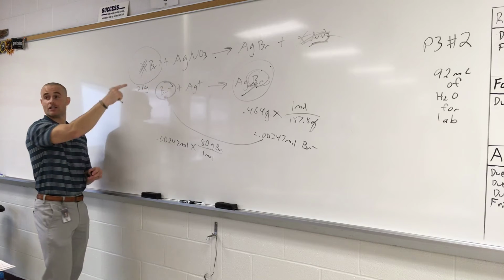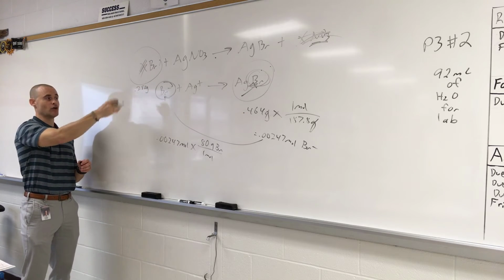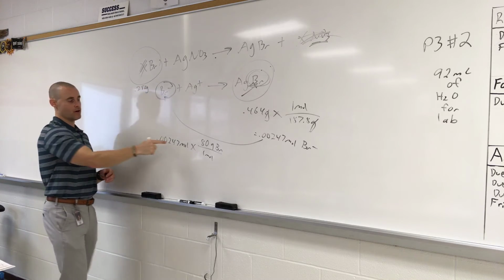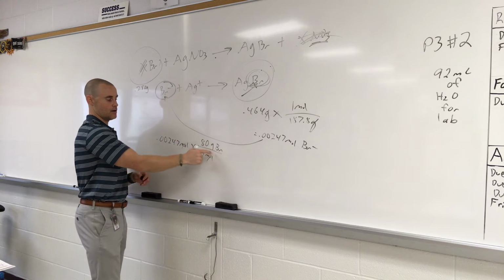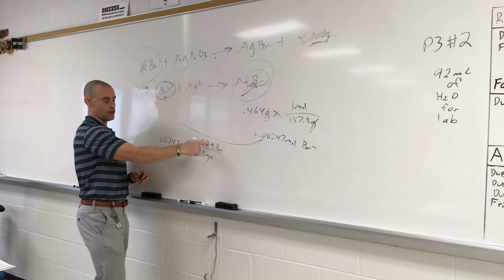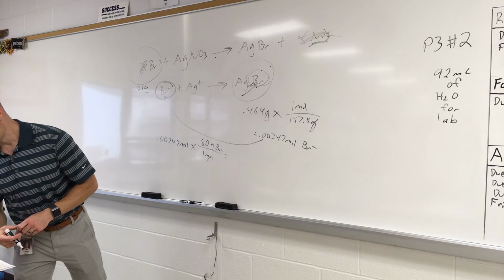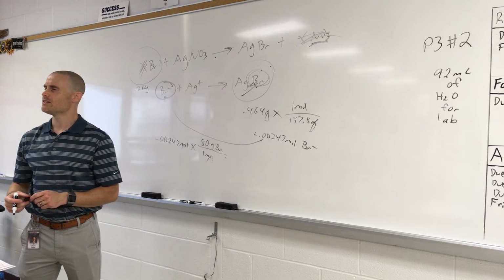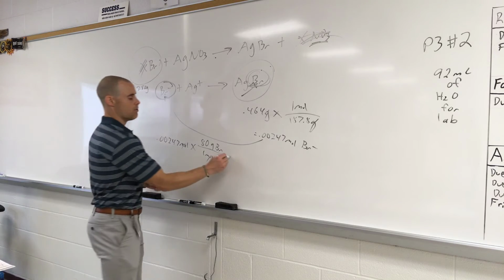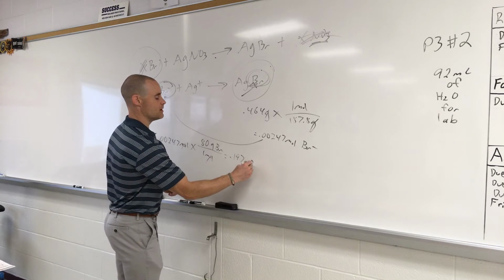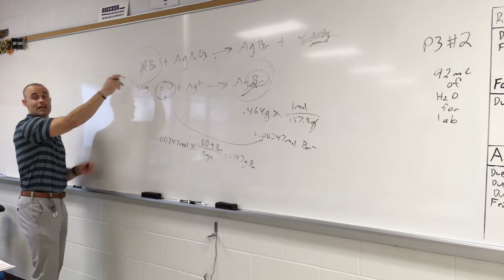If I get just the mass of Br, I can do part over whole times 100. So moles of Br times the molar mass of Br, I got 0.197. Are your numbers off a little bit now? 0.197 grams of Br. So that's how many grams are in, right?